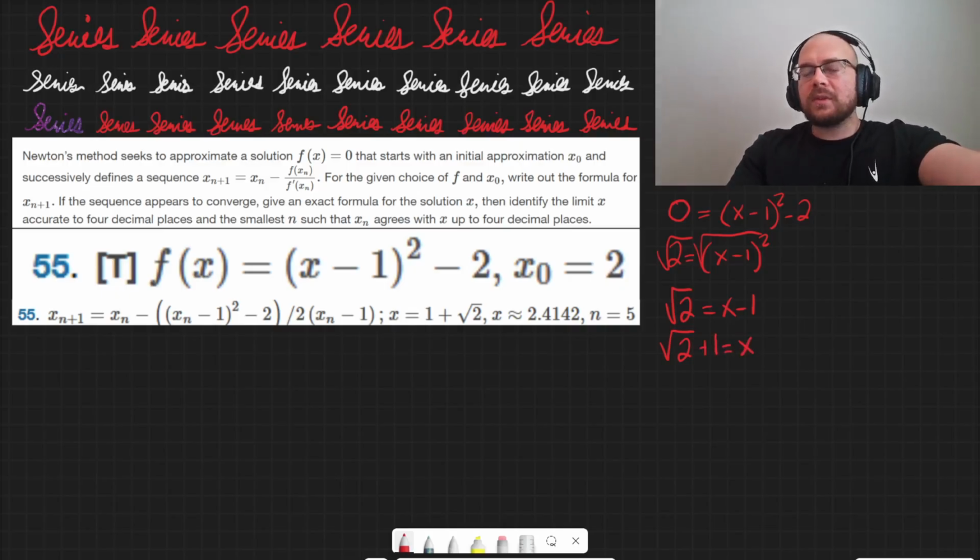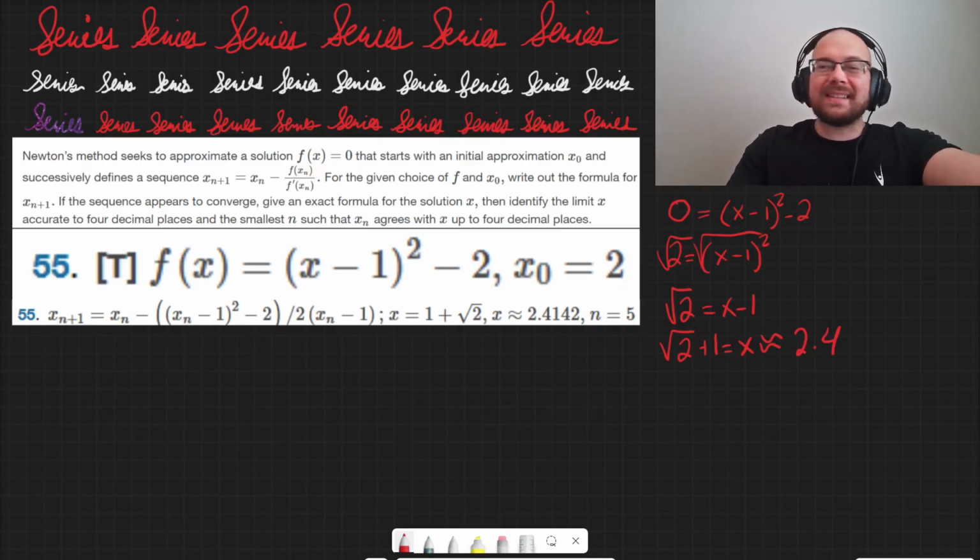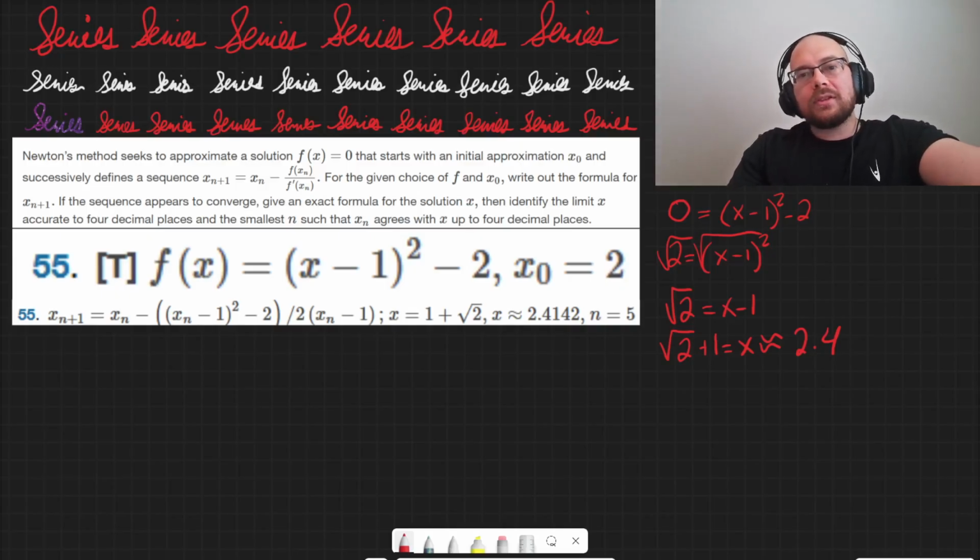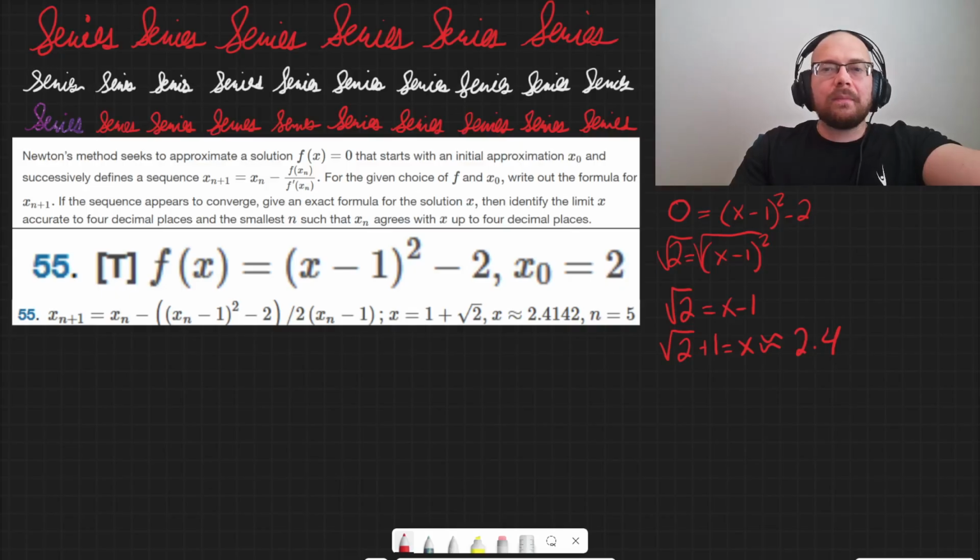The square root of 2 is about 1.4. So this answer is about 1.4 plus 1, which is 2.4. So x sub 0 equaling 2, that's going to be the closest integer to 2.4. So that's a pretty good place to start, I guess. But that's what we're working towards, is about 2.4.